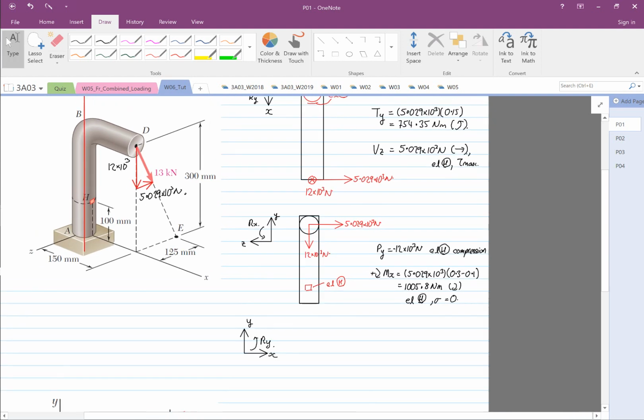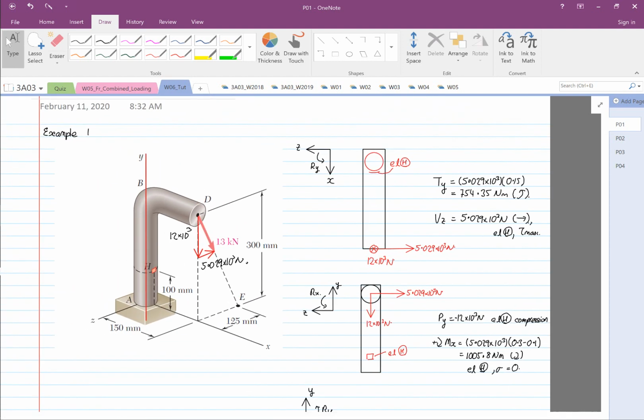Before I go on, just to recap, the first thing we do is find where our neutral axis is with respect to the element.